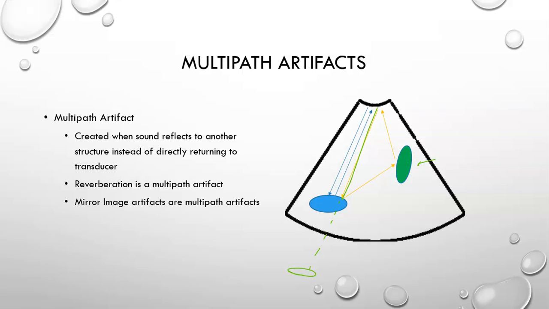The machine is going to make the assumption that when this tertiary echo comes back to the transducer, it came back directly along this path here. So this is a multipath artifact. And again, this shows you the reflection of the structure deep to a strong reflector. Again, that pretty much describes the mirror image artifact.